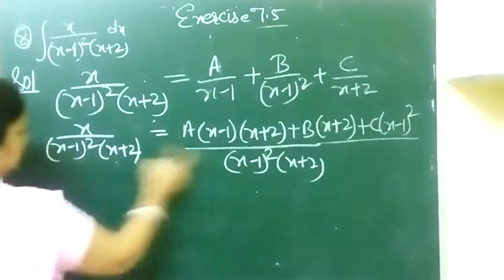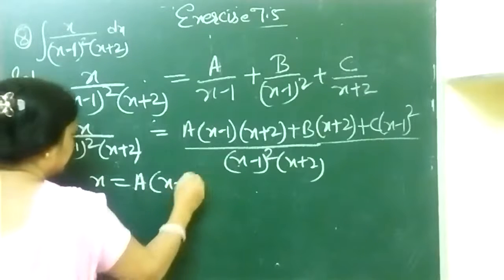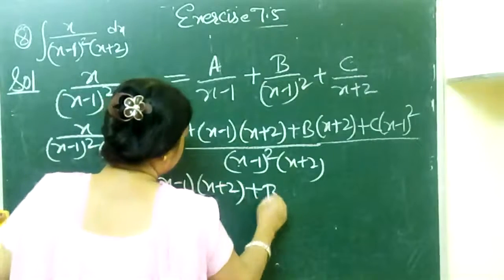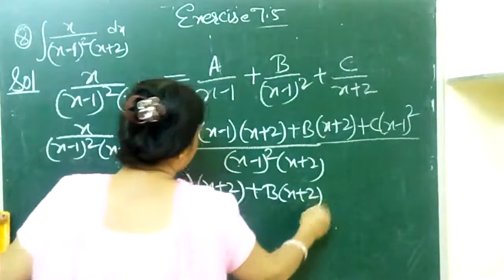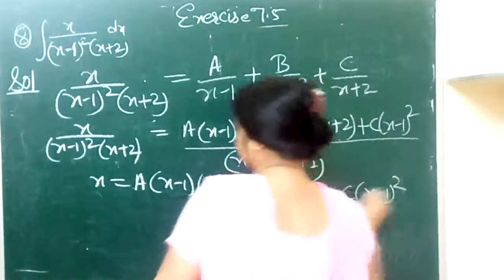After that, next step this term will cancel: x equal to a into x minus 1 into x plus 2 plus b into x plus 2 plus c into x minus 1 whole square.